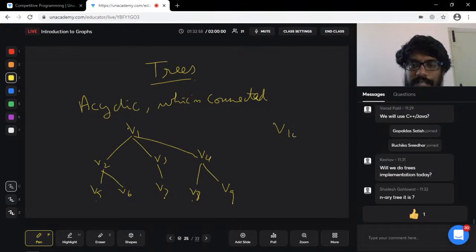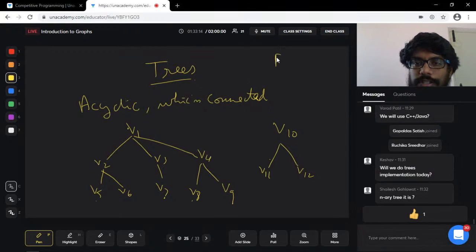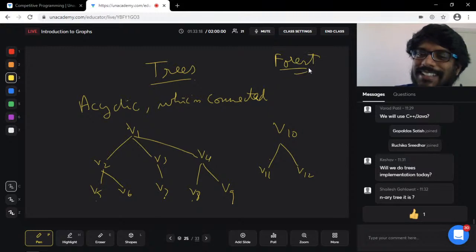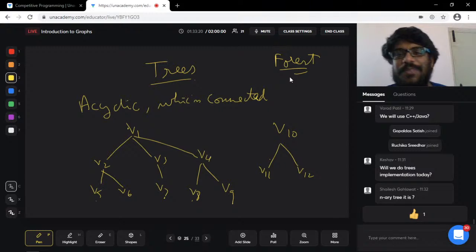Similarly, if I have V10, V11, V12, now these 12 vertices are still acyclic. There is no cycle anywhere, but they are no longer connected, right? So this is also not a tree, and this is actually called a forest. This is I think the best definition in all of computer science that I like.